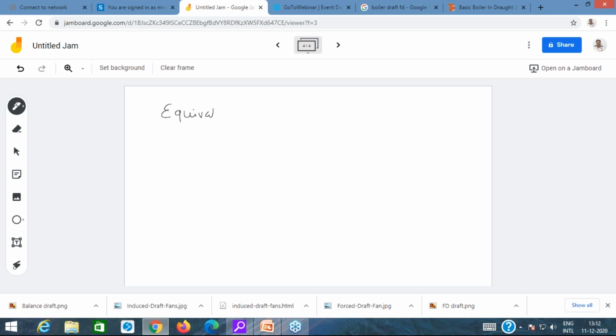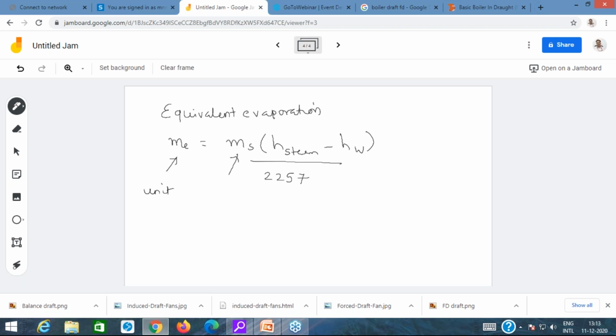To calculate equivalent evaporation, I use a simple expression of Me is equal to Ms into H of steam minus H of feed water upon 2257. Okay, so the unit of this would be the same as the unit of this.